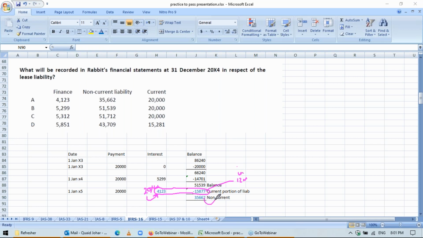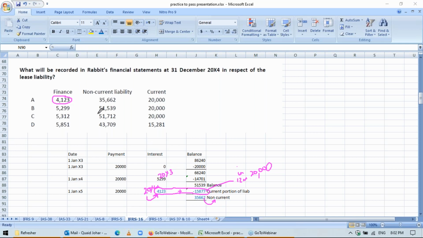This amount is non-current. So total amount of current liability is 20,000. The interest which has got due for 2004. Sum of these two, the interest due and 15877. So the financial charge for 2004 is this much. This 5299 is for the first year, 20X3.